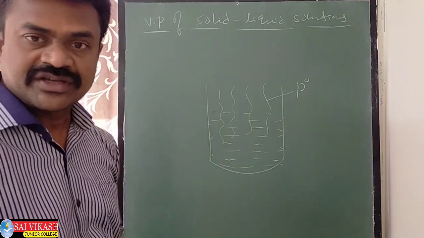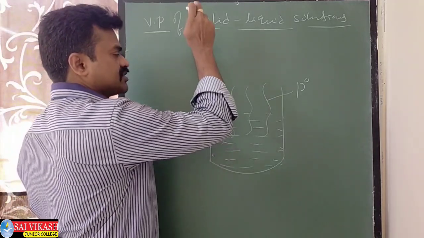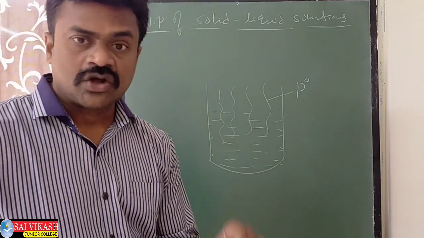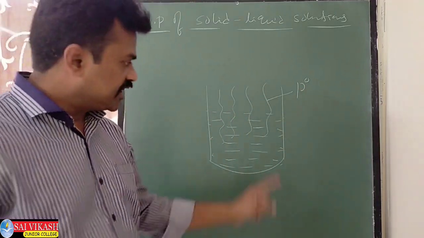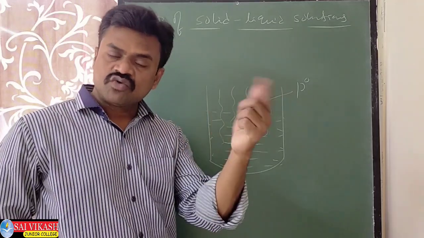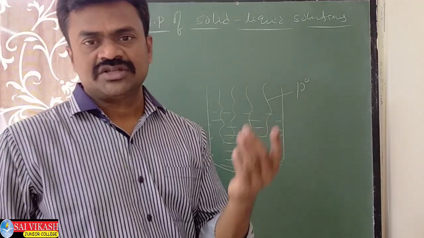Now see what I am doing. Actually the solute should be solid, we need to add. But the solid should be non-volatile. Here the solvent is volatile, not the solute. The solute is non-volatile, like glucose, sugar, sucrose, urea.